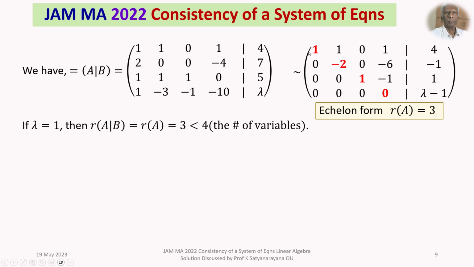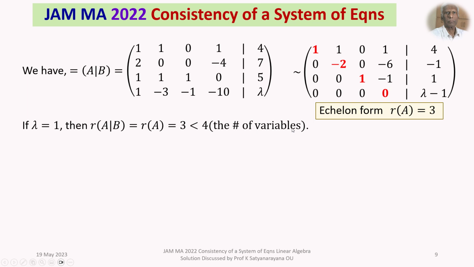Then the rank of the augmented matrix is 3, and the rank of A, we have already seen it is 3. They are equal. And this 3 is less than 4, the number of variables. There are 4 variables.